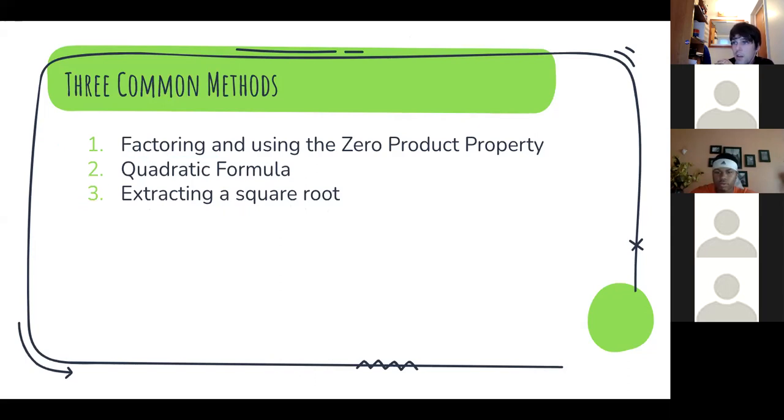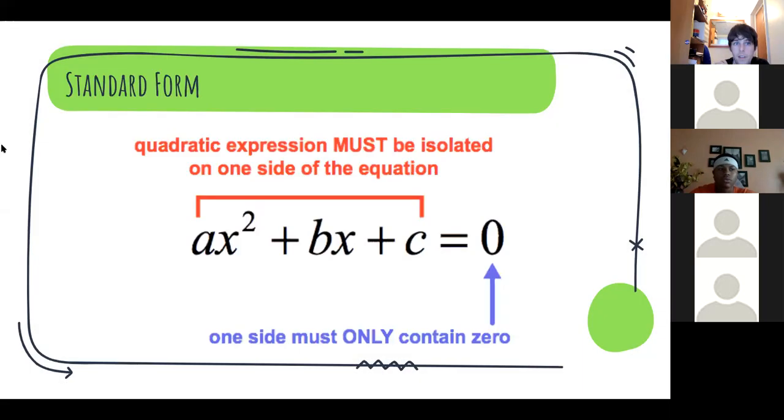All right, so we're going to talk about solving quadratic equations by factoring and using the zero product property. Just a quick review of a couple things here. Standard form. So standard form of any quadratic is always written out like this: ax squared + bx + c. When it's an equation, it's really important that one side of your equation is equal to 0.